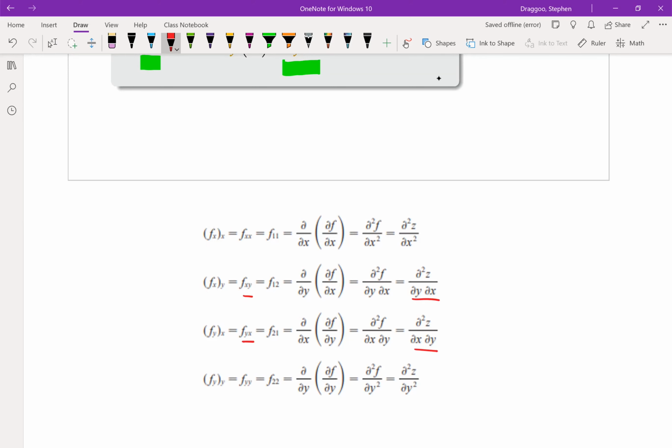So f sub xy versus del y del x both mean do x first and then y. But again, the order in which they're written down will change. And then along that last column, if our function f is z equals f of x and y, then we can just replace f with z.